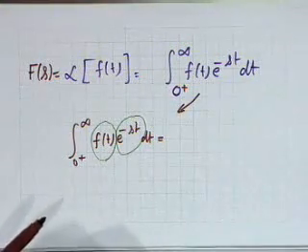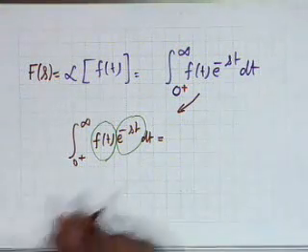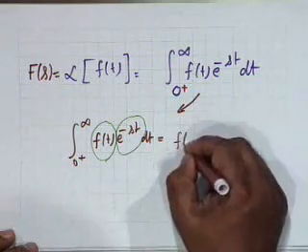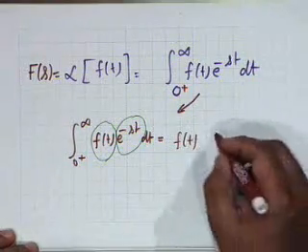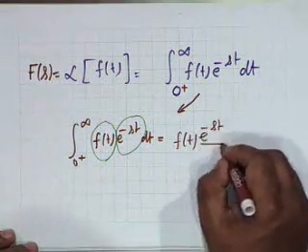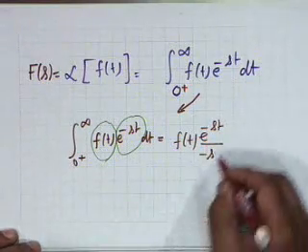I do not know which formula you use, but I use something like this. We say first function times the integral of the second, which is e to the minus st divided by minus s.